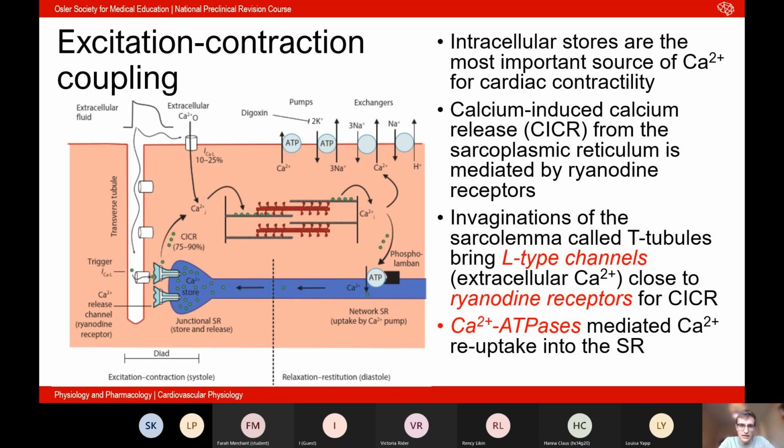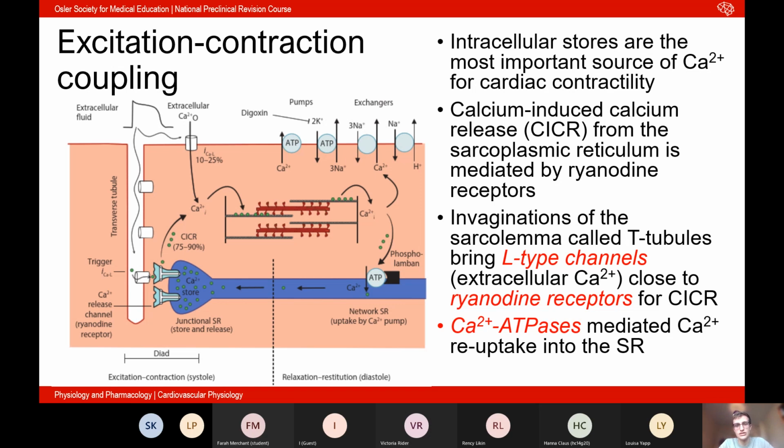The cellular apparatus is adapted to allow this, so you get these invaginations of the myocyte cell membrane called T-tubules, where these L-type calcium channels are expressed. They are closely associated with ryanodine receptors, which sit in the membrane of the sarcoplasmic reticulum. The sarcoplasmic reticulum is packed full of calcium. We get calcium entry from outside through the L-type channel.